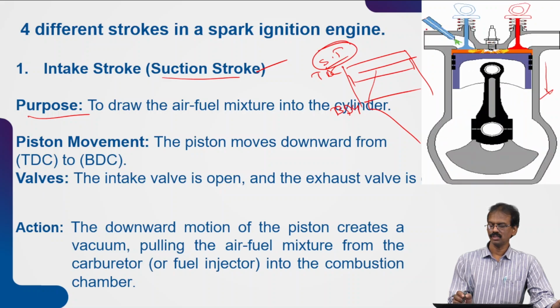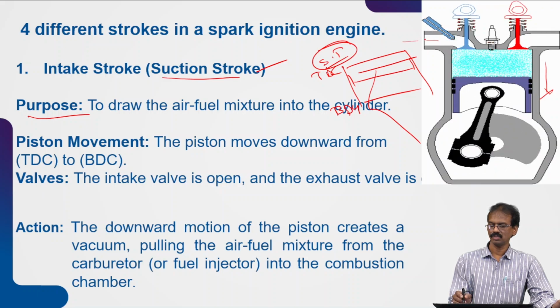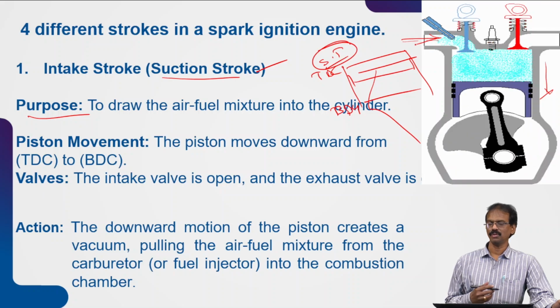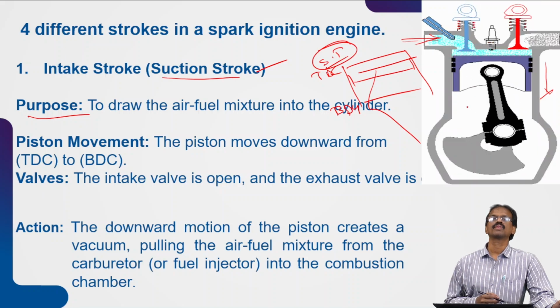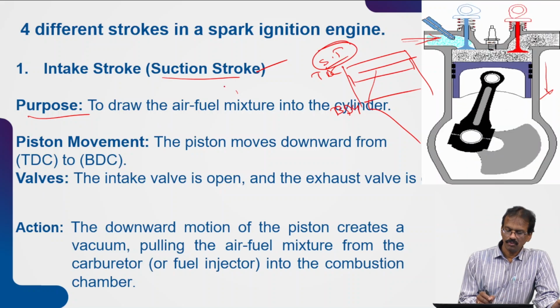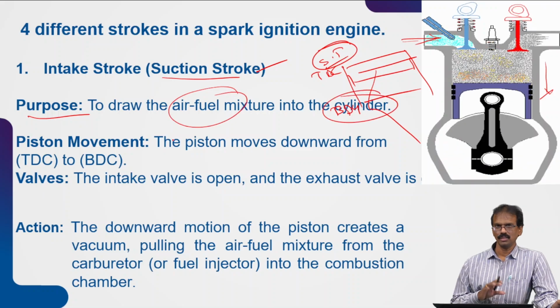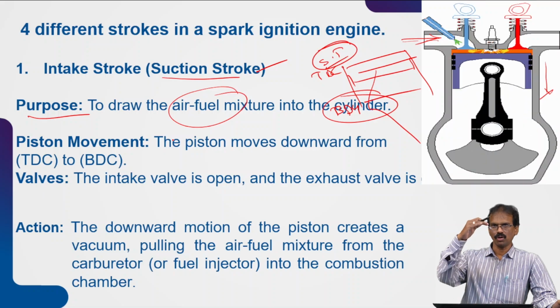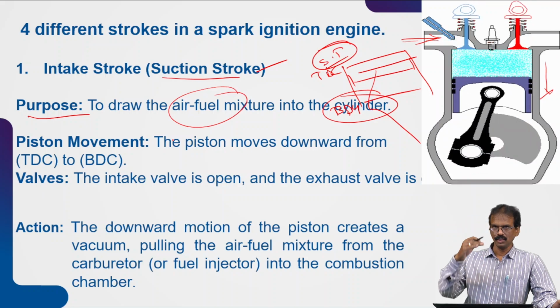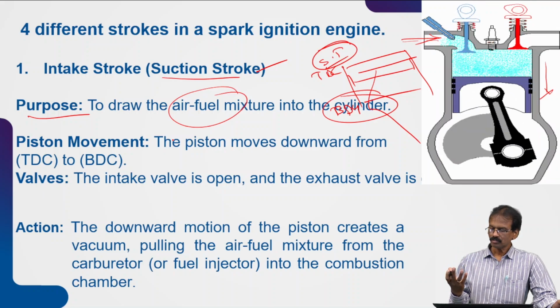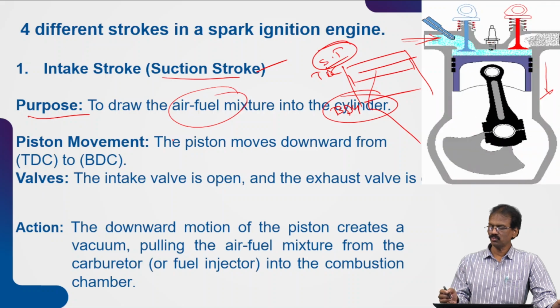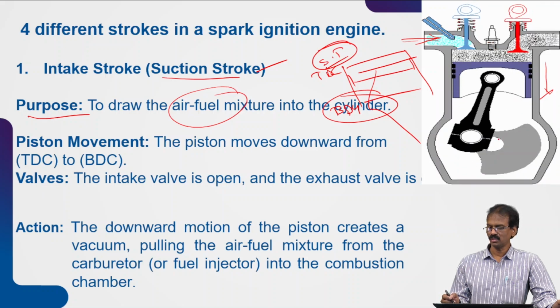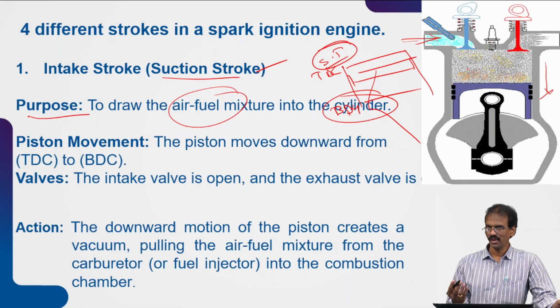The air fuel mixture, we can say, is the charge. The air fuel mixture is taken into the cylinder. The main purpose of the suction stroke is to draw the air fuel mixture into the cylinder. Suction means the piston moves from top dead center to bottom dead center. When it does, it automatically creates some vacuum.